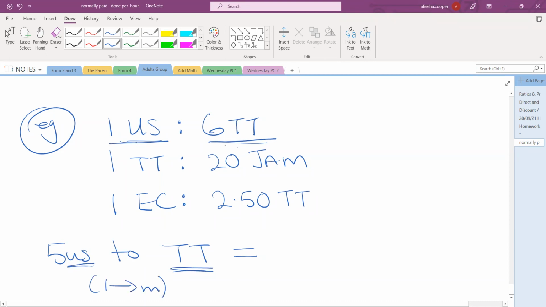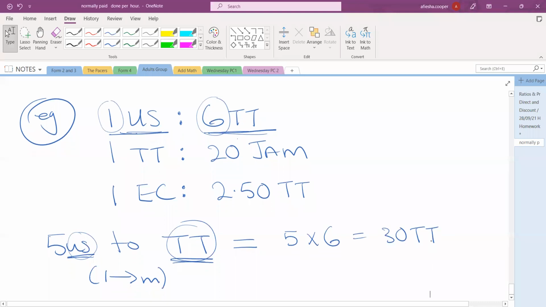So every 1 US will give me 6 TT. So if I have more than 1 US, I'll have to multiply. So I'll end up with 5 by 6, which is 30 TT.